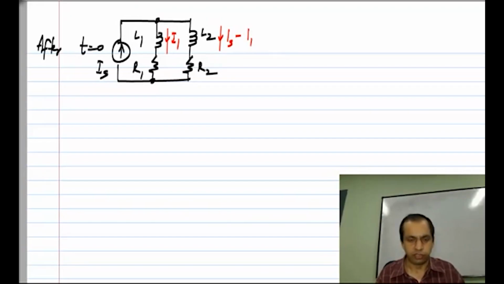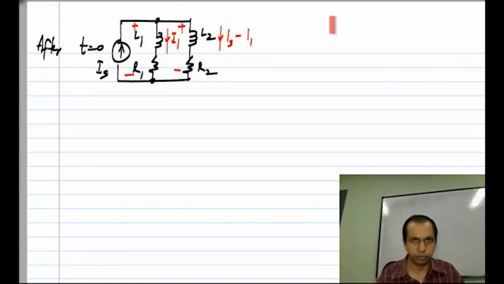Now what is the circuit equation I am going to write? These three branches are in parallel. In particular, L1 and R1, the series branch, is parallel with the series branch of L2 and R2. So the voltage across this branch and that branch are exactly the same, and that's the equation I am going to write. You can write it any way you want.